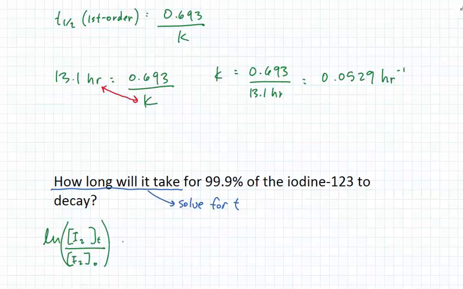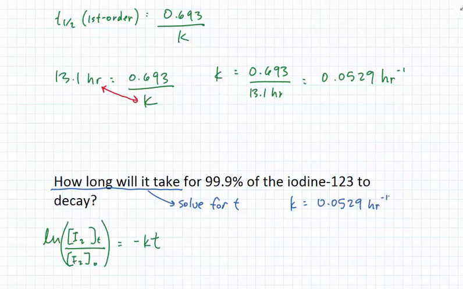I'll put the parentheses around that. Now, from up above, we know k. Just rewrite that, 0.0529 per hour. That just goes right in there.